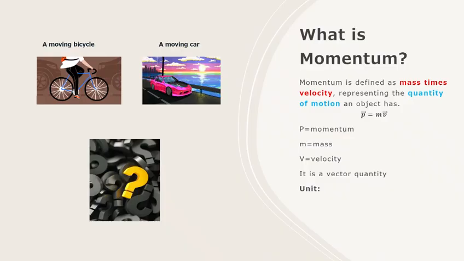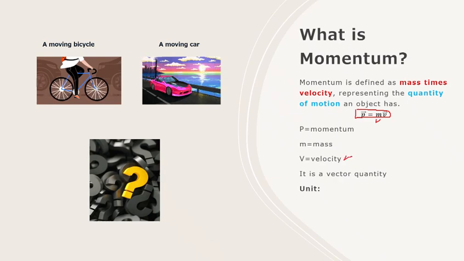What is momentum? Momentum is mass times velocity, and it is a quantity of motion an object has. So here you see P equals m times v is momentum, and this represents how much motion an object has, and it depends upon two things: number one, mass; number two, velocity.